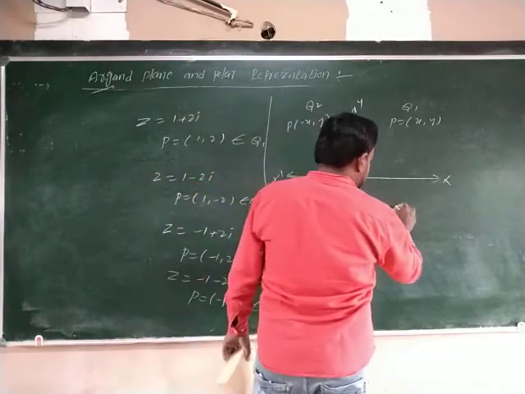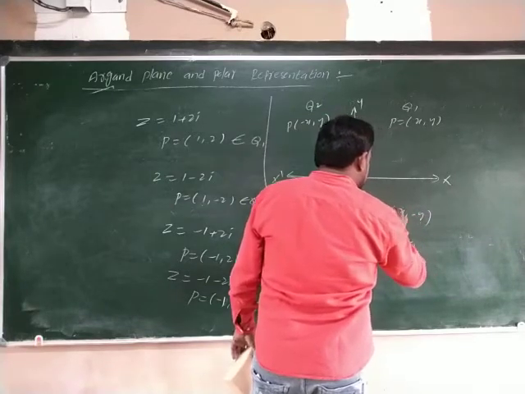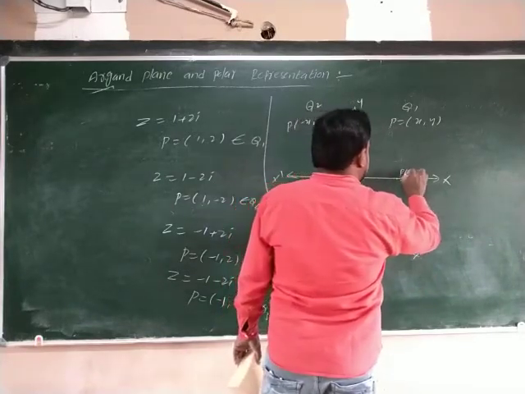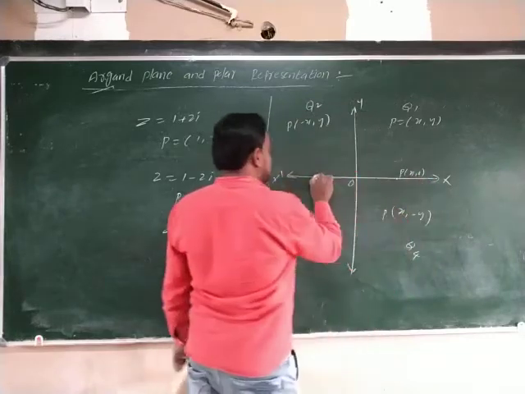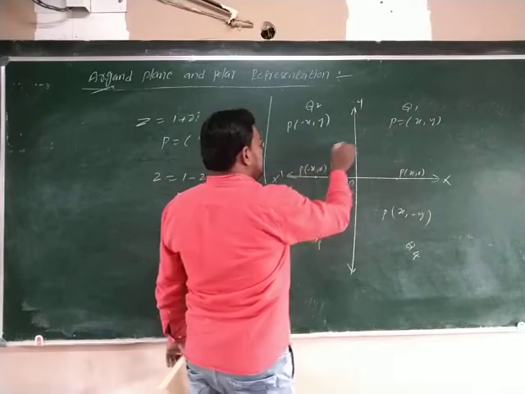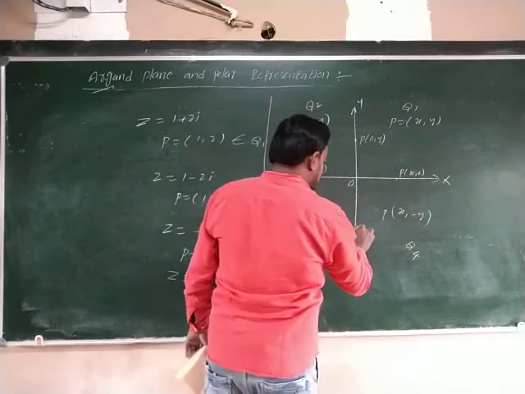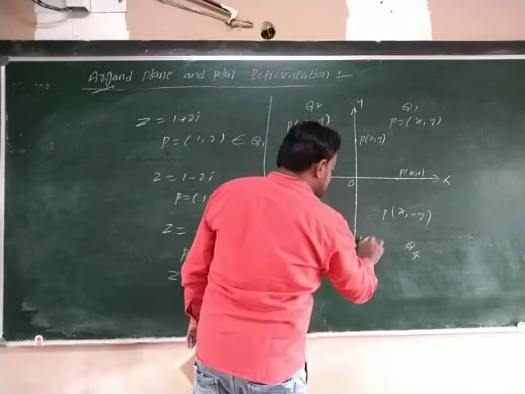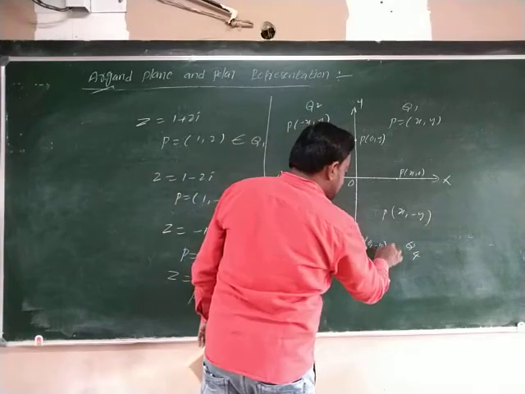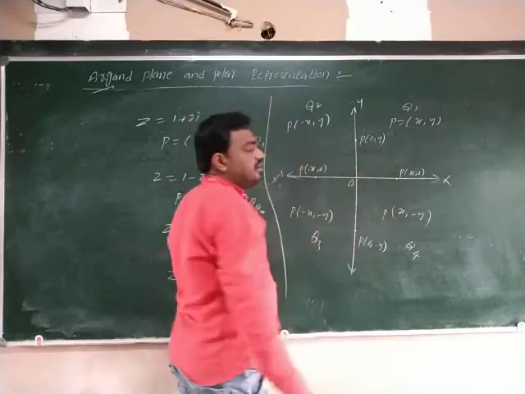Fourth quadrant, (x, minus y). On the positive x-axis, (x, 0). On the negative x-axis, (minus x, 0). Positive y-axis, (0, y). Negative y-axis, (0, minus y).